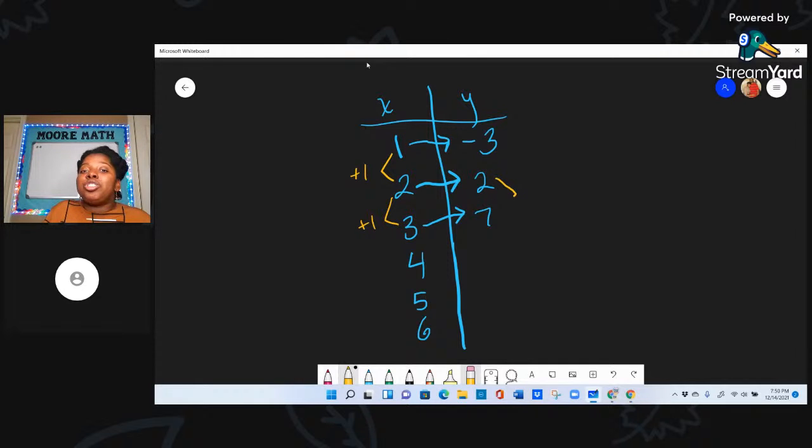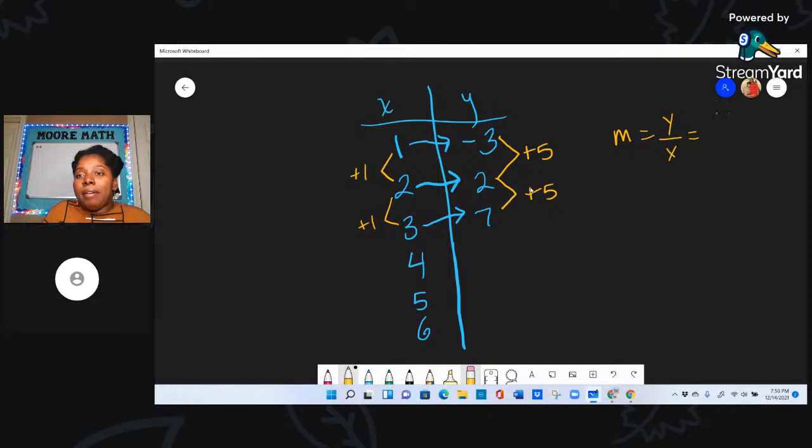And it's easier to start with the positive numbers, because trying to subtract negatives is a lot harder to do mental math. So we see that we added 5 here, and just double check, negative 3 plus 5, we are going to get to positive 2. Okay, so the y's are going up by 5.